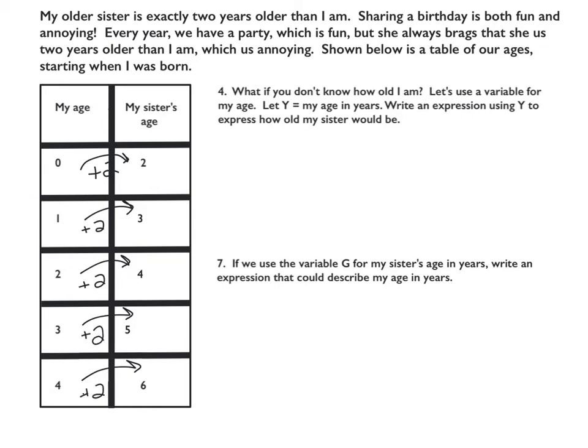So for 4, it says, what if you don't know how old I am? Let's use a variable for my age. Let y be my age in years. Write an expression using y to express how old my sister would be. So this is saying if all of a sudden we don't know how old I am, my age is y, to get my sister's age, how would I do that?